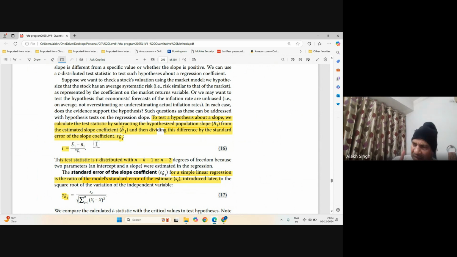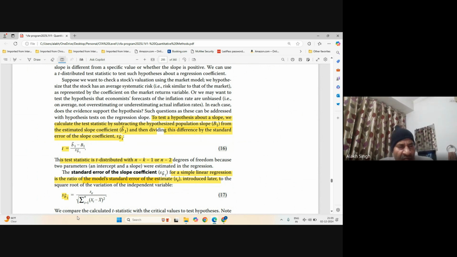Sometimes B1 can be 1 also. If H0 is that the slope is equal to 1, then it becomes the hypothesized slope. Now, this one is a bit new.